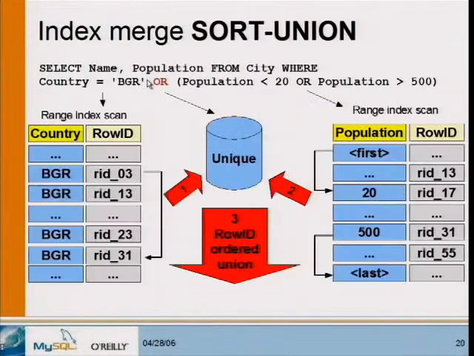Now the problem comes when you have a disjunction of two conditions, but each of the conditions can use a different index. There is no index for both together. So what we did for this case is three different algorithms that can efficiently use both of the indexes and compute the overall result. In this case, we have an equality condition on one index, the index country, and a range condition on another index.